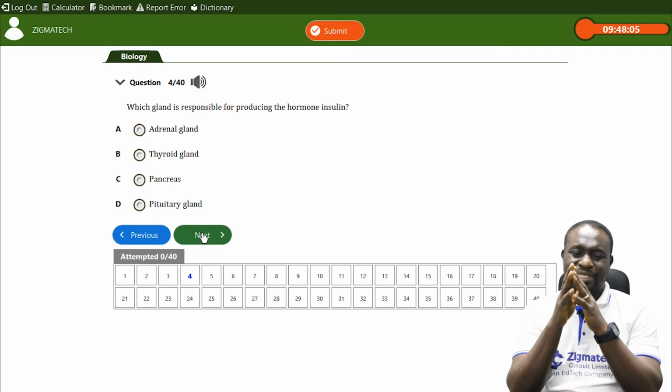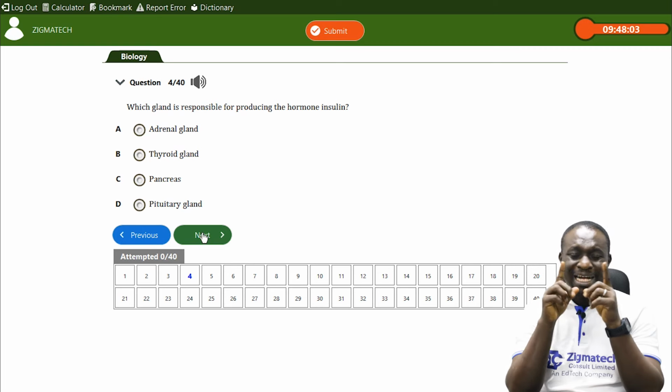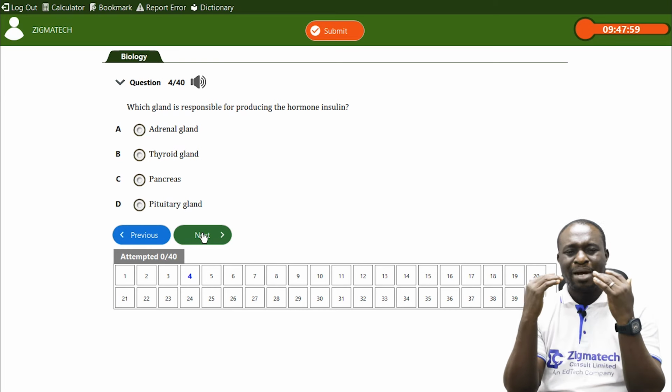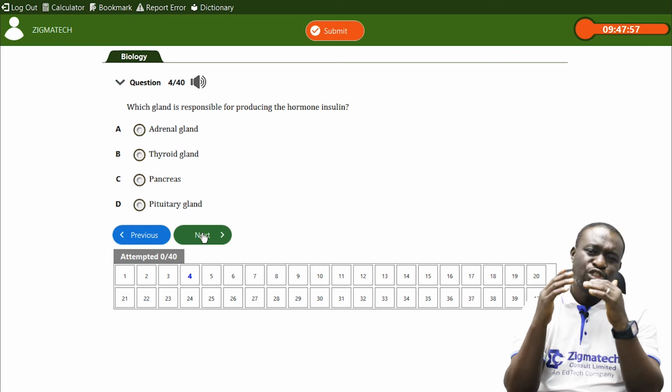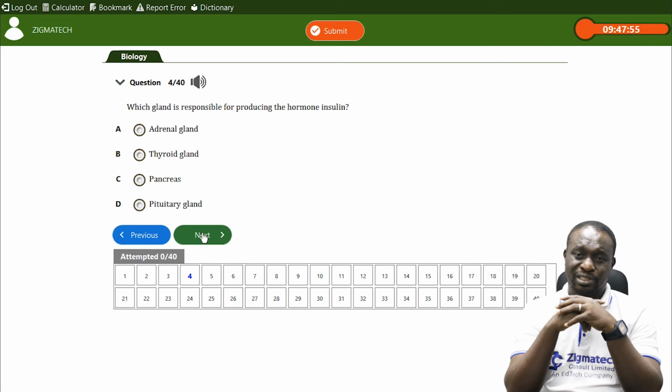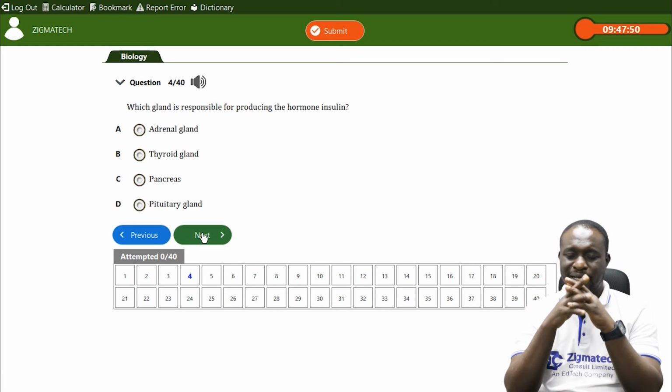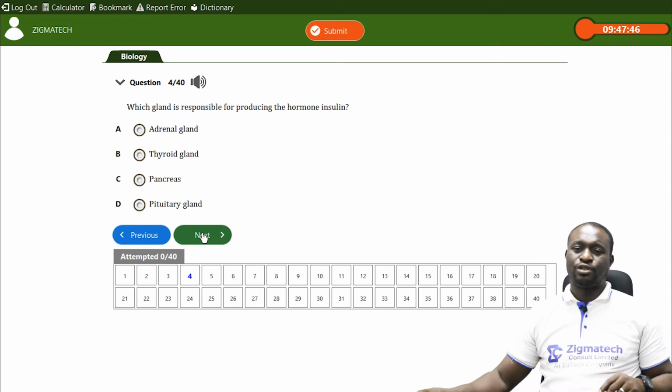That is actually the pancreas, while the adrenal gland produces adrenaline, which is also referred to as the emergency hormone. But insulin is produced by the pancreas, and like I said, it helps to regulate blood sugar. So the correct option to this question is option C.